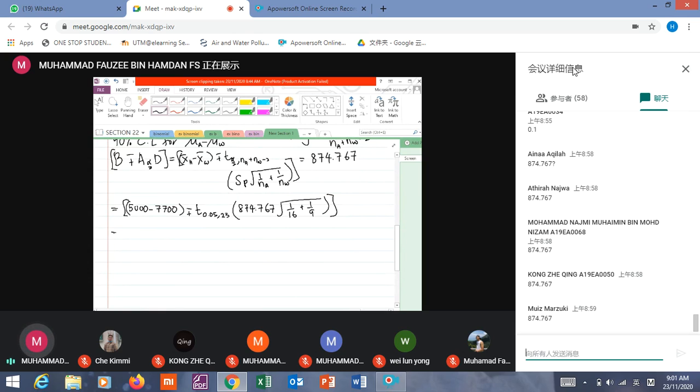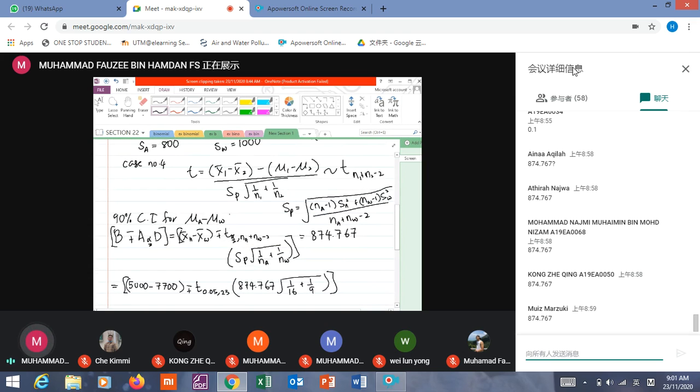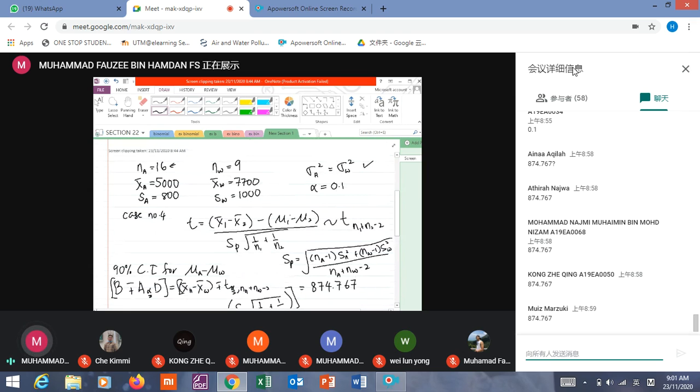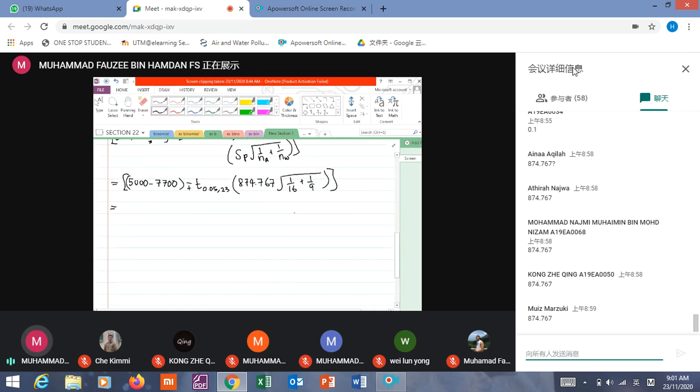Okay, so this one, did you get the similar answer? What is the value of T 0.05? Because alpha is 0.1, we divide by 2, 0.05. The degree of freedom is 23. So what is the value when you refer to the table?